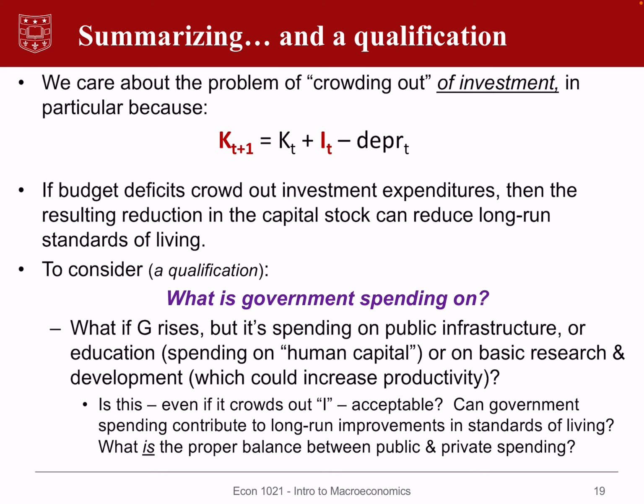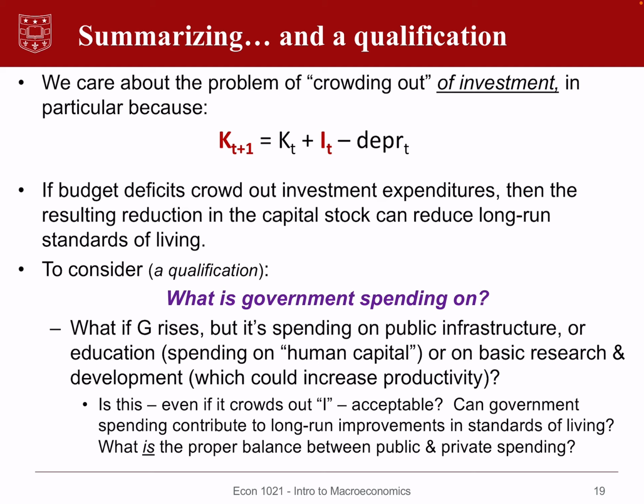So if it is the case that government expenditures are rising, but it's spending on capital-like goods, like roads, bridges, other kinds of infrastructure, spending on human capital or research and development that increases productivity, then even if that kind of spending crowds out private sector investment, it could still be something that correlates with an expansion in our productive capacity.